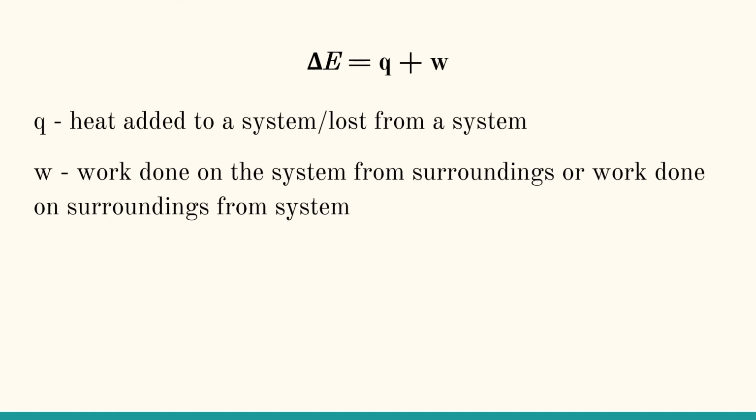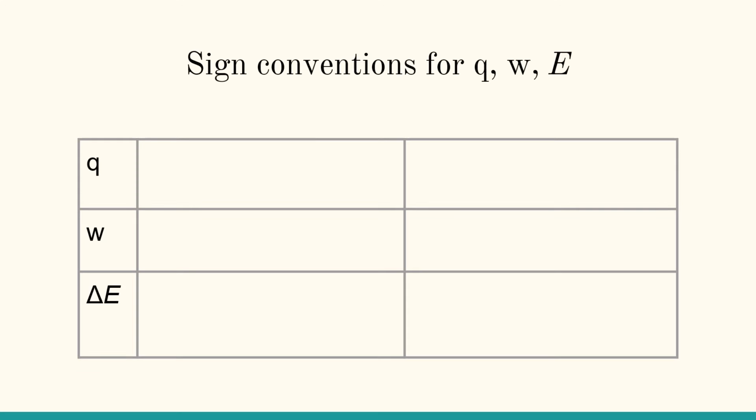Again, on the AP test, no one's really going to ask you to calculate W, where this information is coming from. For Q, remember, is defined as heat. So if Q is positive, heat flowing into the system.